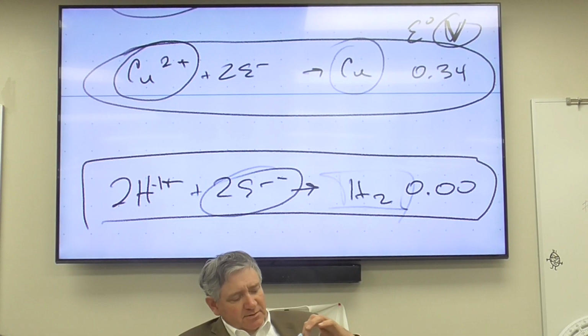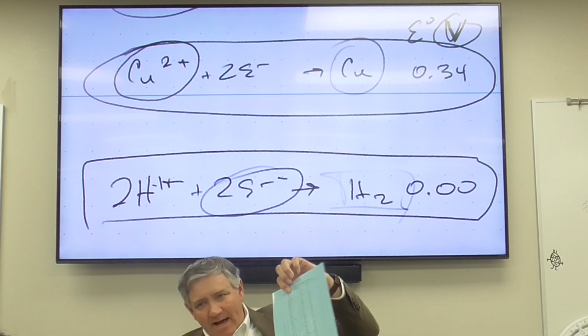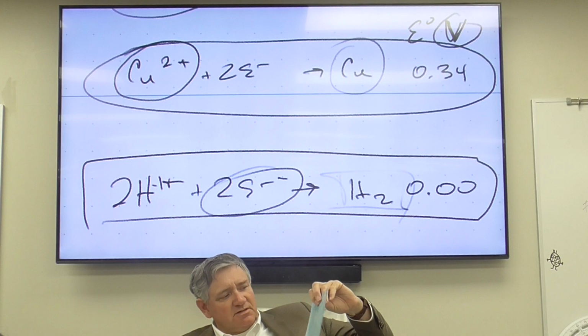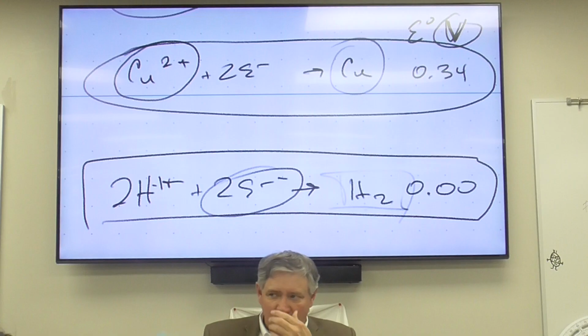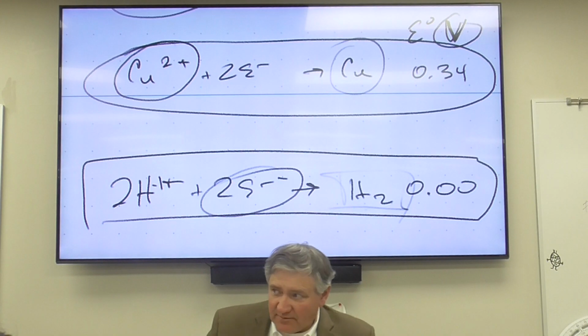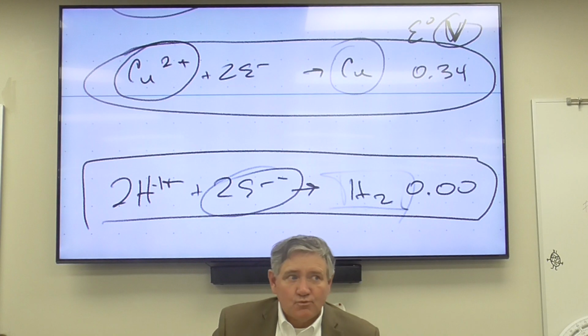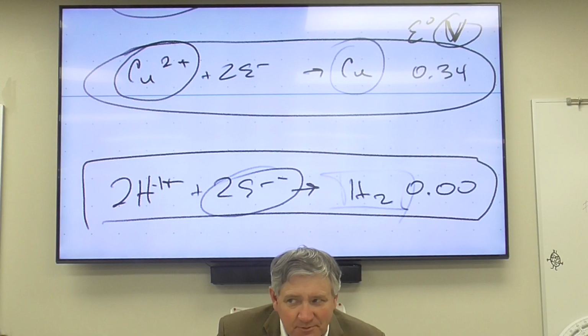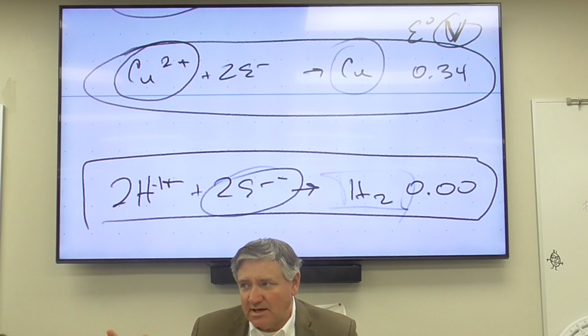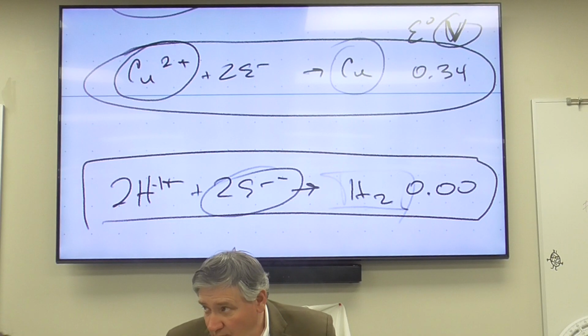So if you come up here to the top and you have fluorine gas gaining 2 electrons, forming the fluoride ion, that has a value of 2.87. So what that means is that fluorine gas really wants to take in electrons and form fluoride ions.